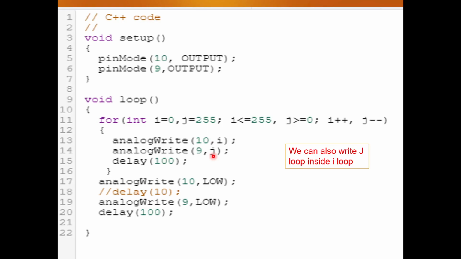In this, I have initialized two variables, i and J. One is 0, another is 255. i goes from 0 to 255, that is less than or equal to, and J goes from 255 to 0. So i is increasing, i plus plus, J is decreasing, J minus minus. Again, analog write for pin number 10 with i, and analog write for pin number 9 with J. The rest of the code is the same.